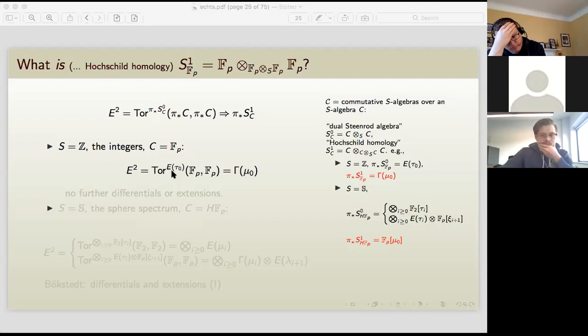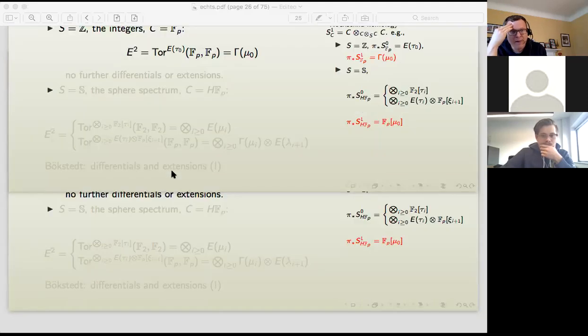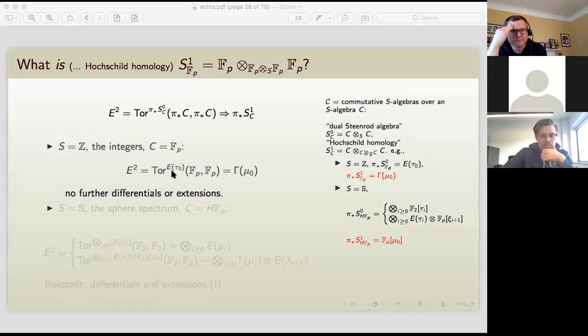You just take a resolution, and out pops the divided power algebra. At this stage, the E2 page, there's so little going on. It's such a sparse spectral sequence that there's not actually room for any differentials or extensions. So this is the answer.